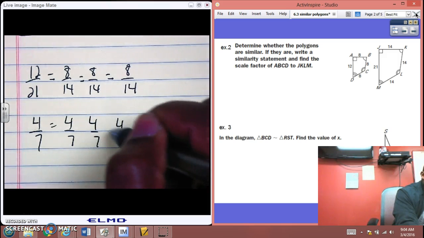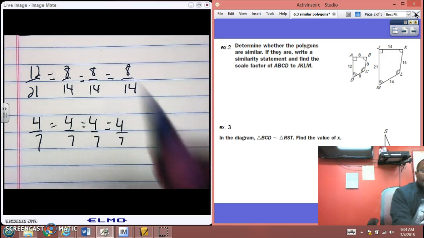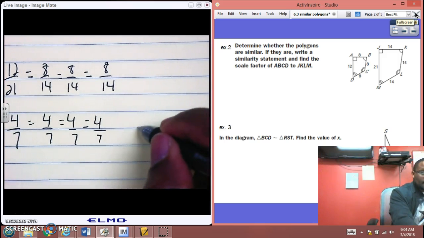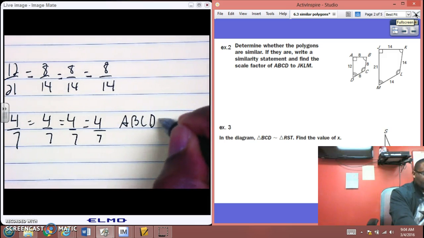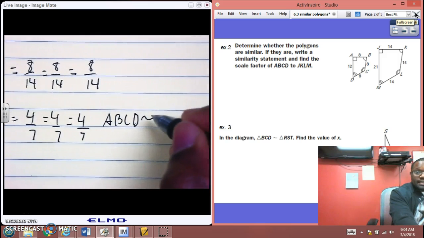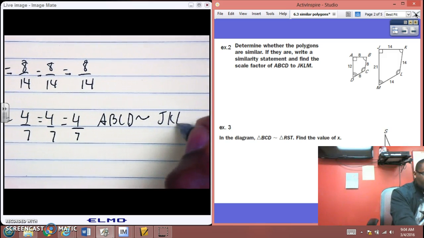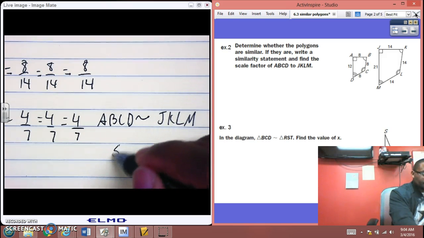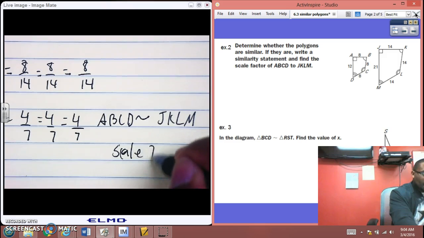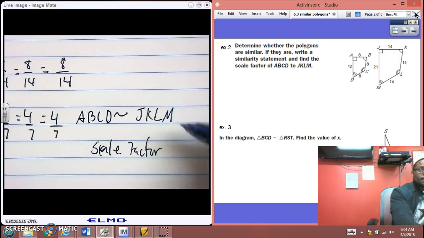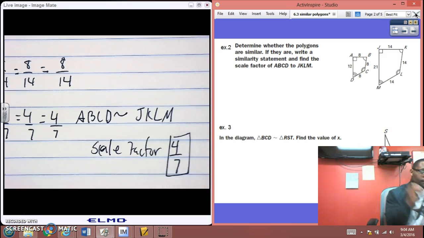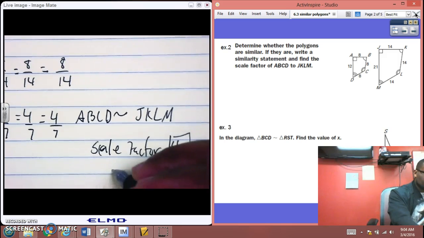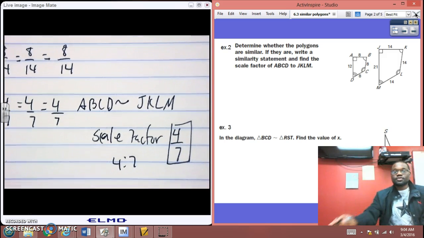So you can say that polygon ABCD is similar to polygon JKLM. That's a similarity statement. The scale factor is 4 to 7, another way to write that.